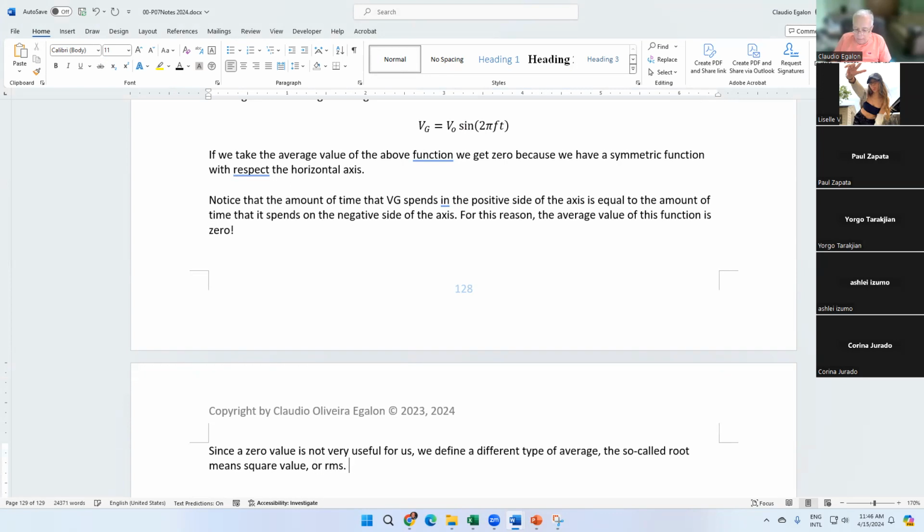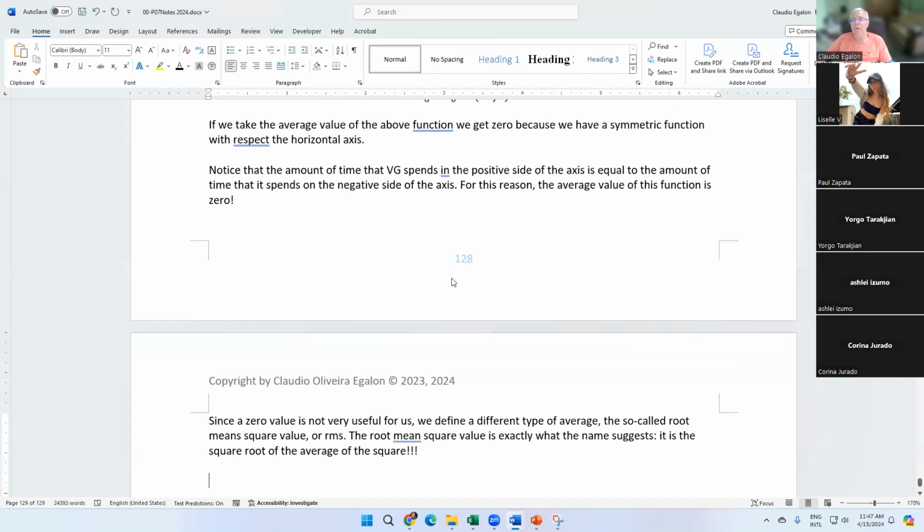The root mean square value is exactly what the name suggests. It is the square root of the average of the square. Okay? That's what it is.